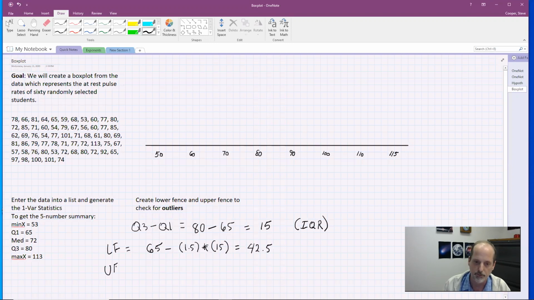Here's our upper fence. It's Q3 plus 1.5 times the IQR. Okay, so Q3 is 80.